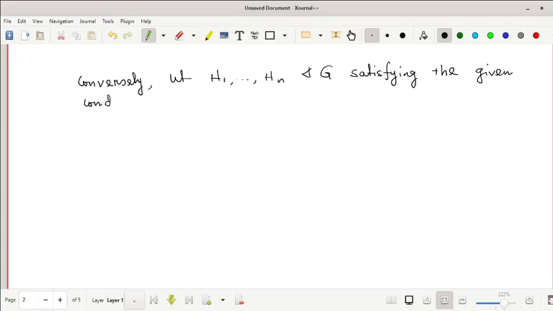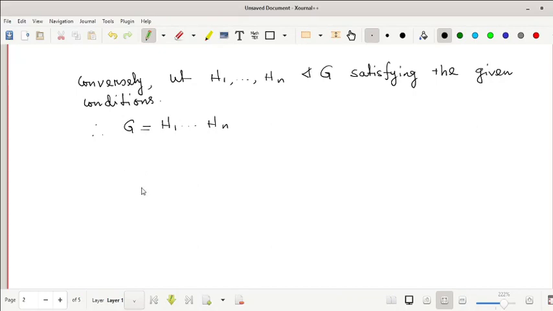Okay, given conditions. What are the given conditions? Given conditions are that G is equal to H1 H2 ... Hn, and the expression of every element of G in terms of product of elements of Hi must be unique. Okay. Therefore, what we know, G is equal to H1 H2 ... Hn. That is fine. Now we'll show that every element is expressed as a product of this.